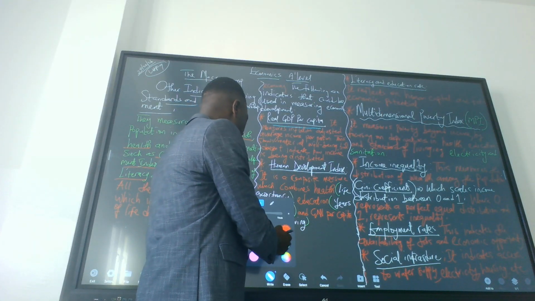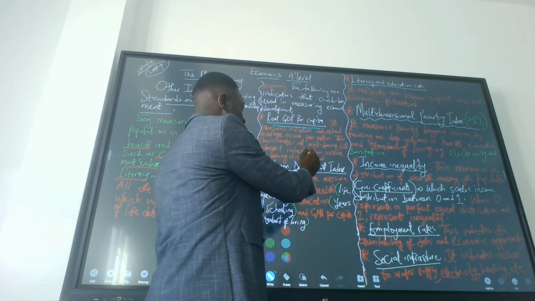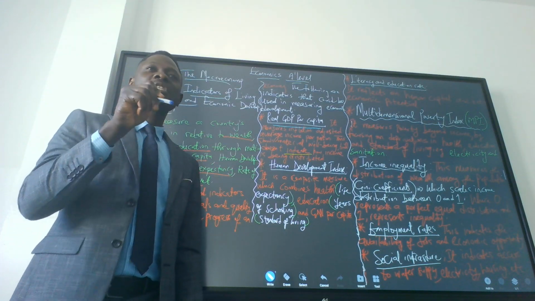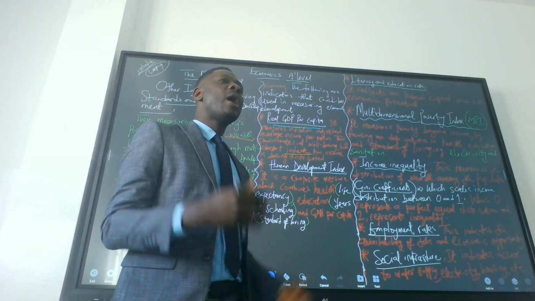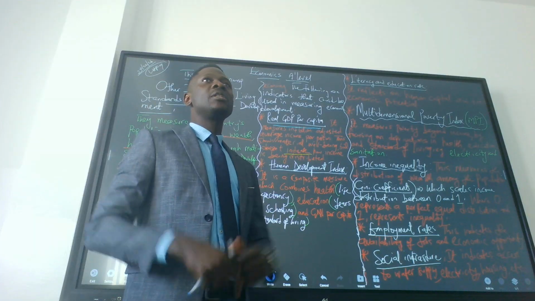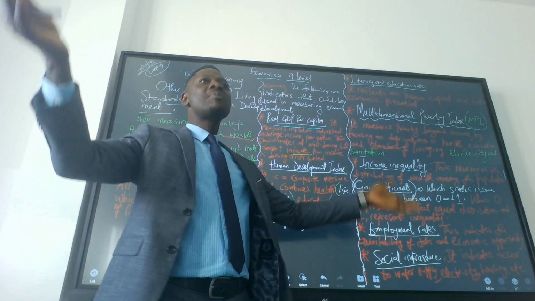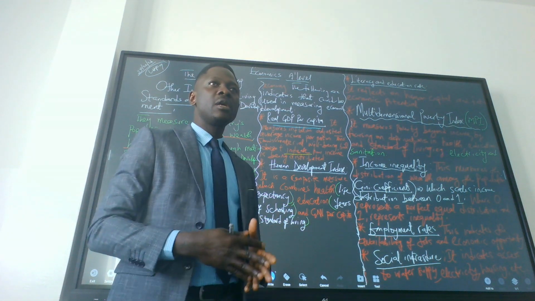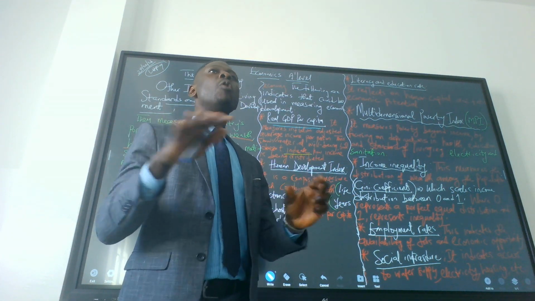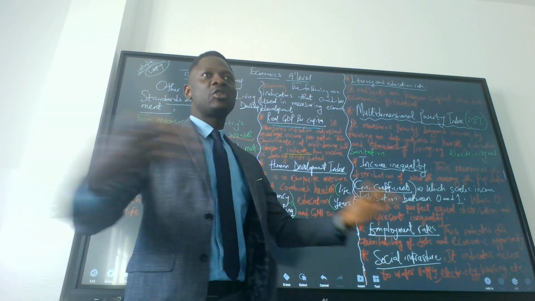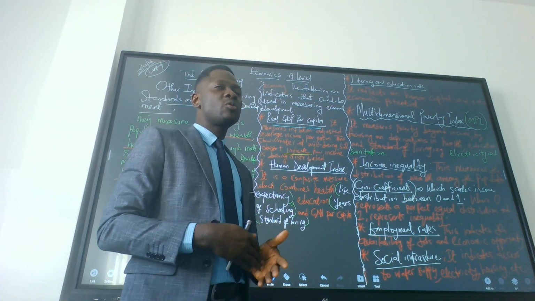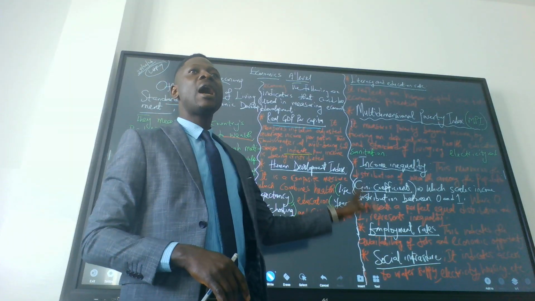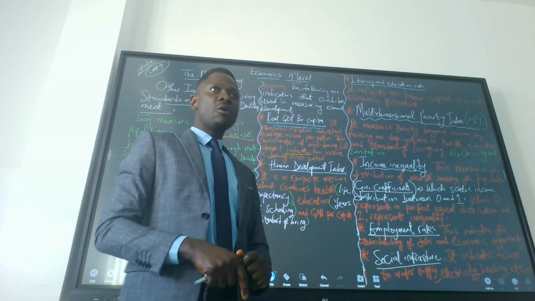So the problem about using GDP per capita is that it doesn't tell us how much individuals earn or how income is being distributed within the economy. The only thing it tells us is that this economy has enough money and there is a lot of material wealth in this economy. But who are those who own this material wealth? Is it distributed equally or not? It doesn't show us. But GDP per capita can tell us how an economy is evolving over time.